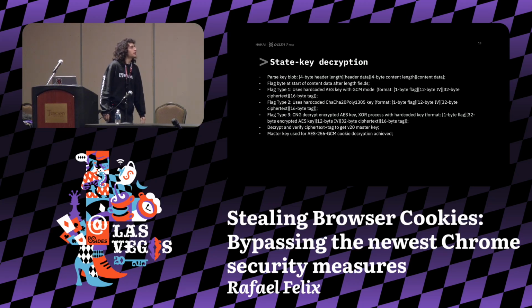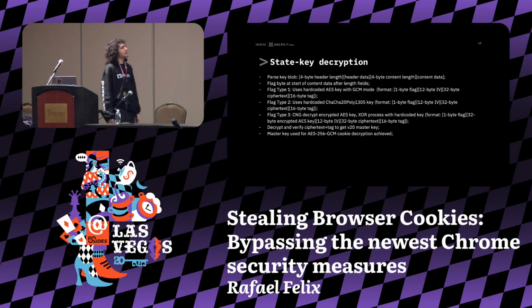State key decryption. First, when we get this system and user decrypted DPAPI key, you will have the key blob, which you can parse first with a 4-byte header length, then the header data, then a 4-byte content length, then the content data, which is the actual state key. So you will have to do some programming here to check first the flag type.